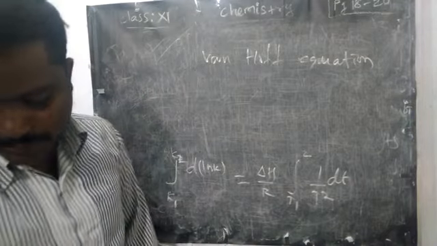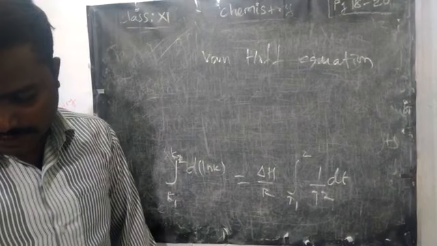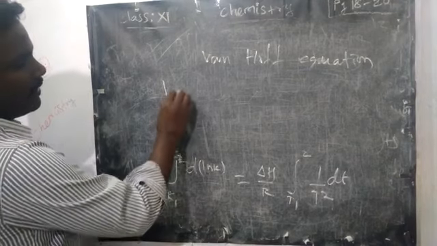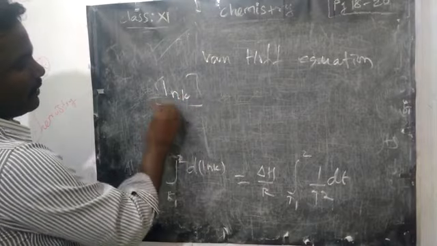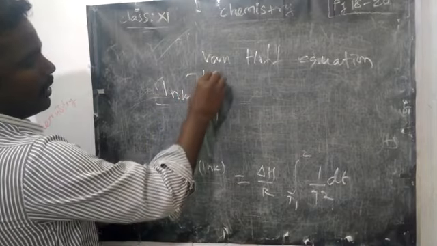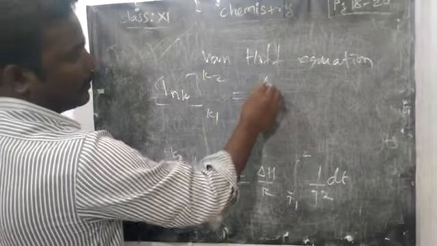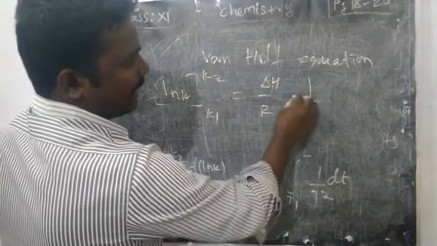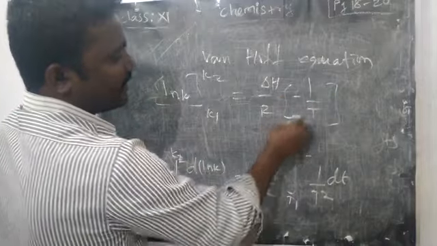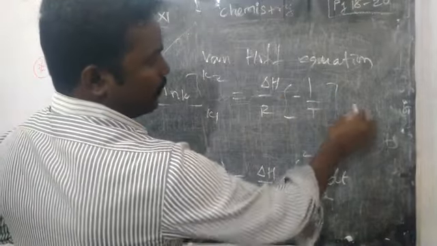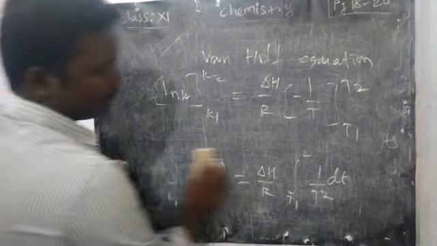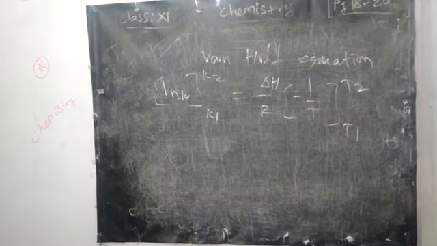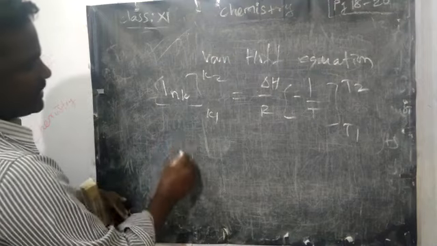Okay. So what will be the next step? If you integrate here, ln K, limits we have to apply K1, K2, is equal to delta H by R. Then 1 by T square becoming minus 1 by T. Limits you have to apply T1, T2. Now you just apply the limits.